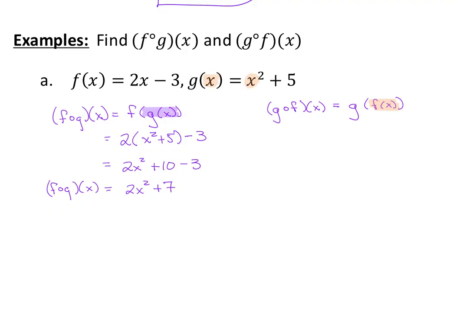And so wherever we see our x, we are going to replace it with 2x minus 3. And so when we do this, we get 2x minus 3 squared. And then we have our plus 5.